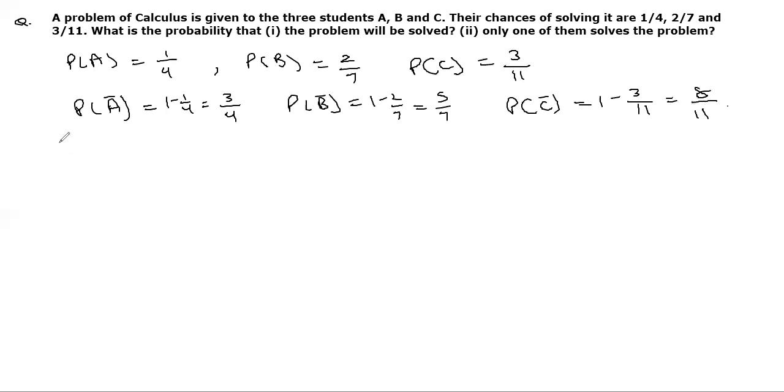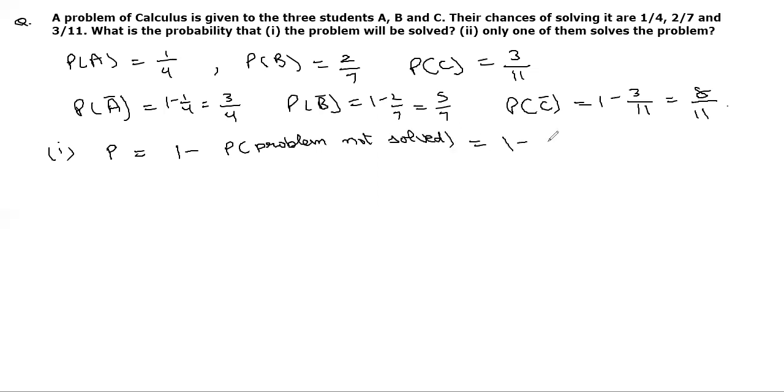Now, the first part asks us to calculate the probability that the problem will be solved, so that all of them or any one of them or two of them solve the problem. So the probability here should be 1 minus the probability that the problem is not solved, meaning none of them solves the problem.